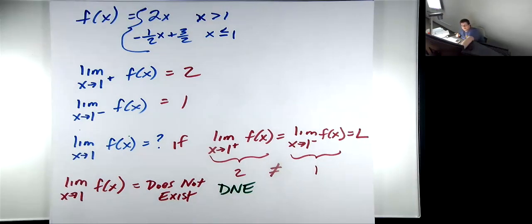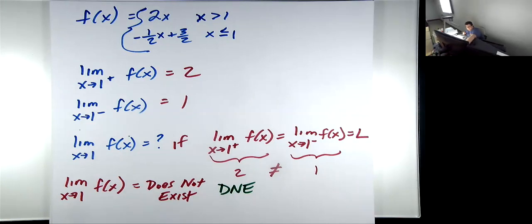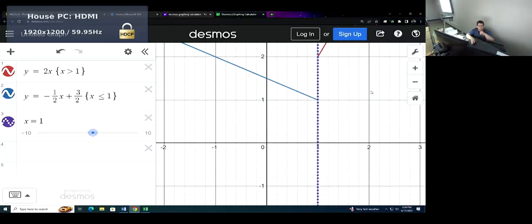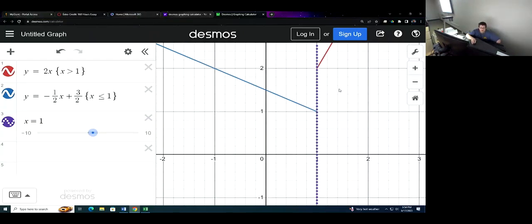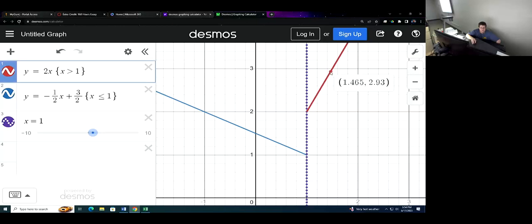Okay. So again, if you're looking to figure out what those limits are as we go from the left to the right, if you're using a graphing calculator, it gets pretty easy, but I can do it by inspection. This graphing calculator using decimals is kind of throwing me off. I can just see if I'm coming along the y equals 2x line from the right, which is the side that's greater than 1.